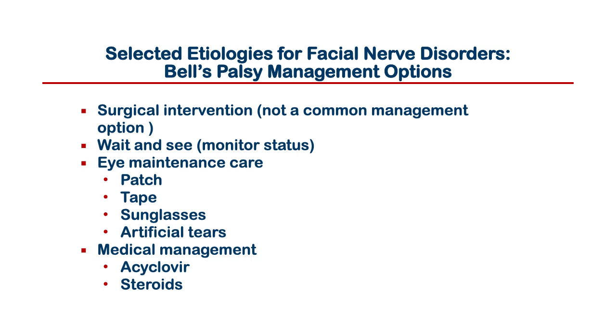The medical management, as I said, is steroids to reduce inflammation, and acyclovir, which is an antiviral drug. So if you have shingles, for example, which is a herpes zoster virus, I had it about a year ago, very painful. Fortunately, mine was only on the scalp. It's always on one side.